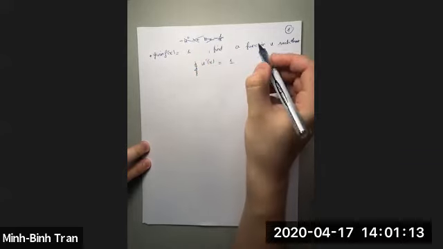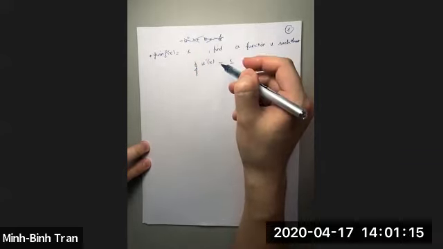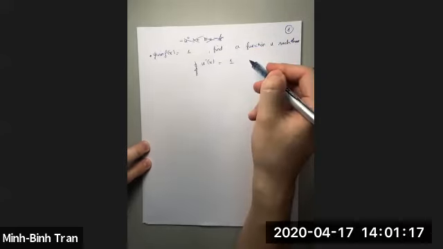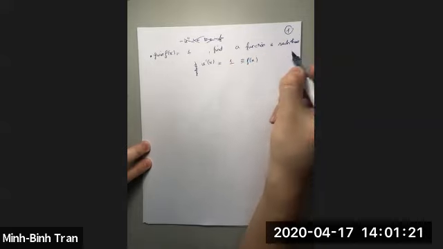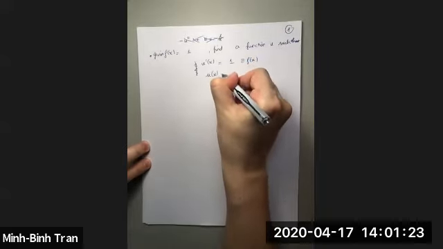Suppose that I ask you to find a function u such that u prime of x is equal to 1, which is f. Then you can tell me immediately that u has to be a constant, right?